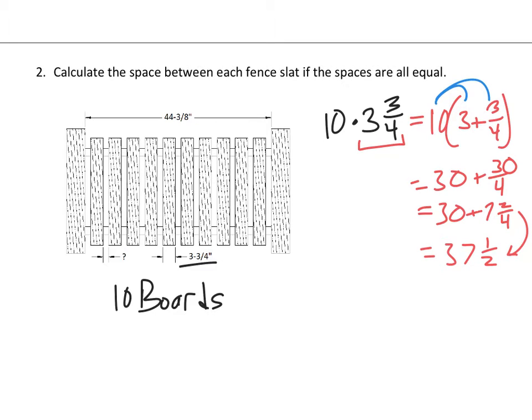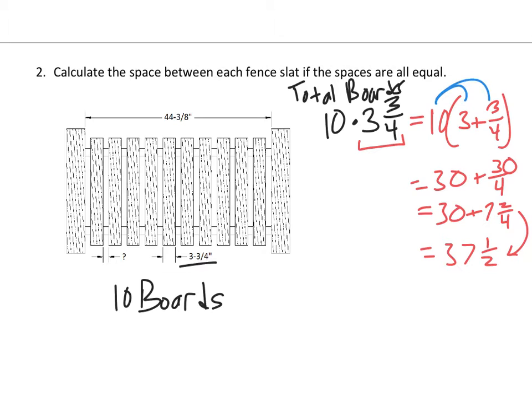I should have labeled this to start off: these are the total of the boards. All the boards together, if we were to scooch them together, would be 37.5 inches, but we have 44 3/8. So all of these spaces in between have to make up the difference.